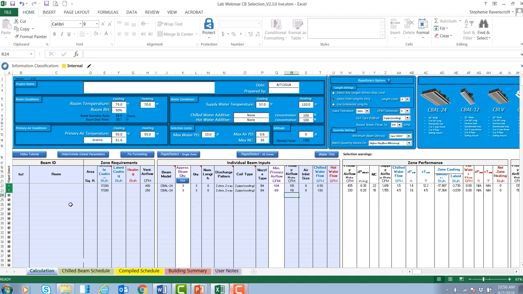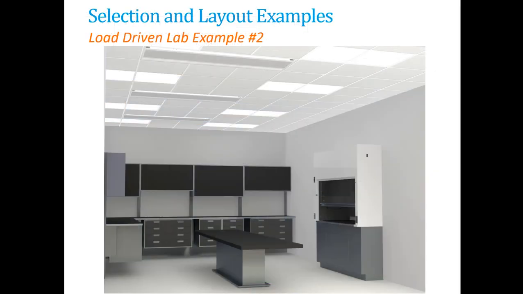By increasing the total supply airflow rate to the space by only 80 CFM over the 250 CFM minimum, we were able to achieve an additional 10% reduction in the outdoor air from the constant volume approach. This is a great example of why active chill beams in load-driven labs are especially popular due to the vast energy savings that can be achieved.